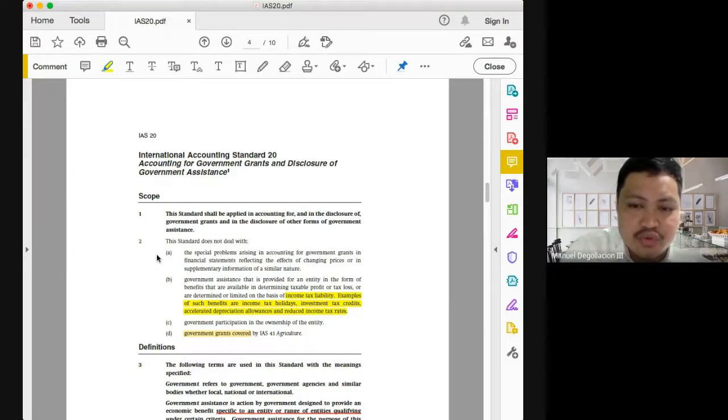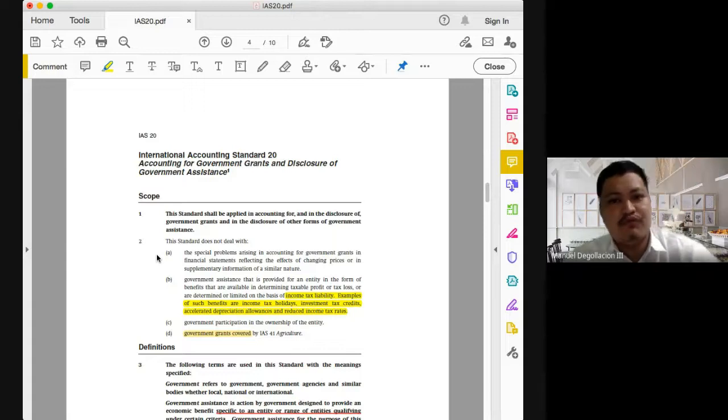So there is actually no conflict, class. So if you are dealing with biological assets, class, it will be PAS 41 that will apply. Okay. But of course, if you're dealing with another asset that is not covered by a separate standard, then we will have to apply PAS 20.